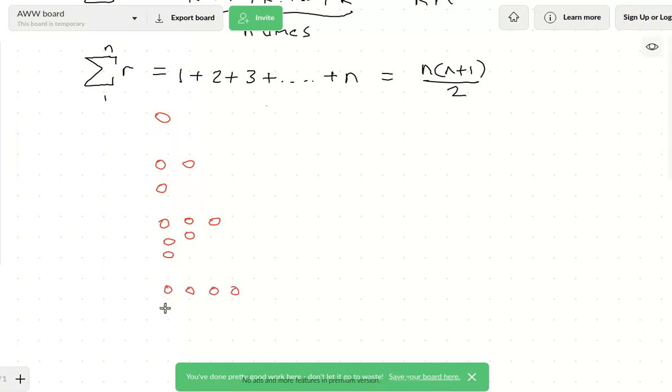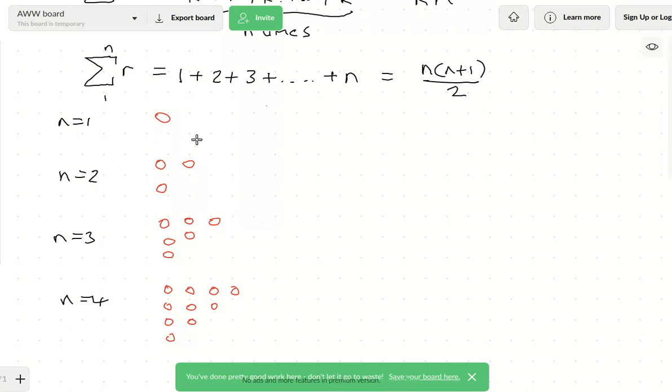So what I'm going to do here is I'm going to show you that the formula is n times n plus 1 over 2. If we have this as n equals 1, n equals 2, n equals 3, n equals 4. What I'm showing you basically is how to add up the natural numbers, and this is like 4 plus 3 plus 2 plus 1.